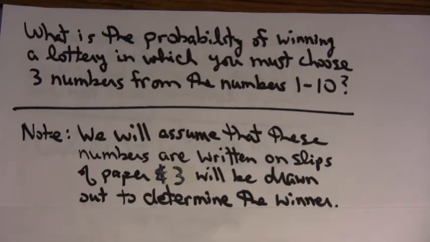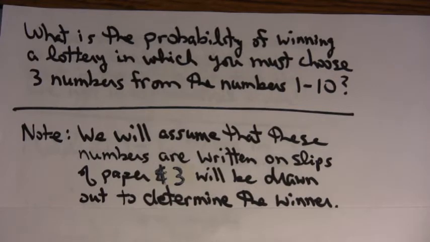There are no duplicate numbers. You can think of it as a hat full of these numbers, 1, 2, 3, 4, 5, 6, 7, 8, 9, and 10, and there's just one of each. We're going to draw three numbers out of the hat, and if those three numbers match the three numbers that a person has, that person would win. So that's the way you're thinking about this.